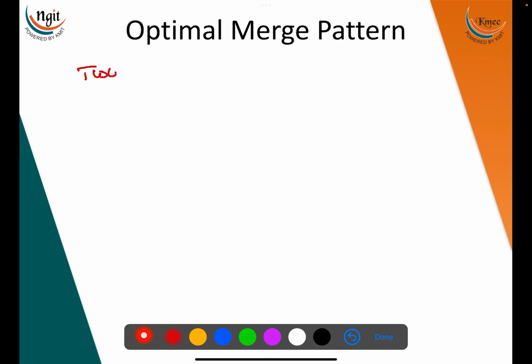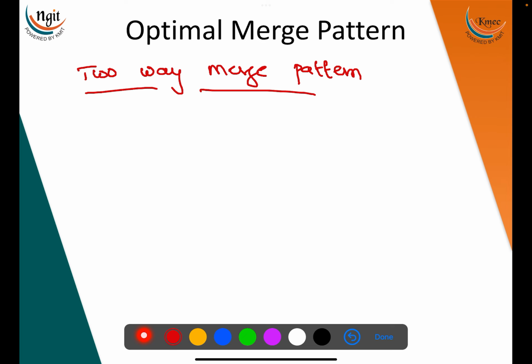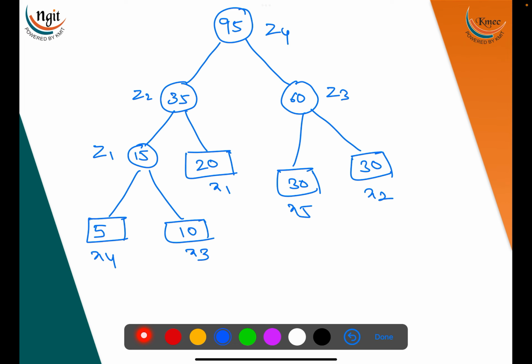Now I am going to talk about two-way merge pattern. For this I am taking an example. Before that, we'll see the working principle of two-way merge pattern. The two-way merge pattern can be represented by binary merge trees, as I specified.